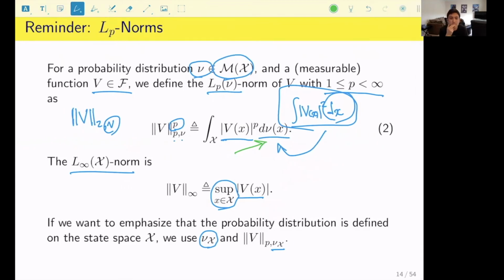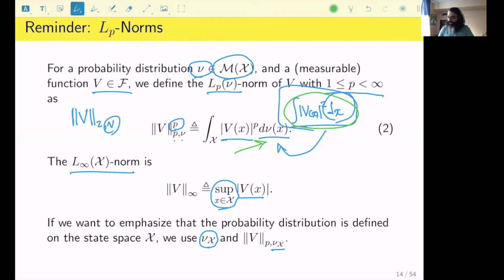Yes. So in this example, the usual integration is the case where the weight in all states is the same. But sometimes you have more emphasis on some regions of the state space, and mu reflects that.